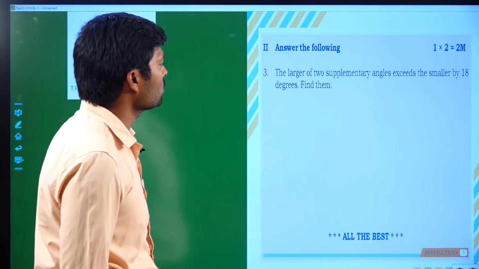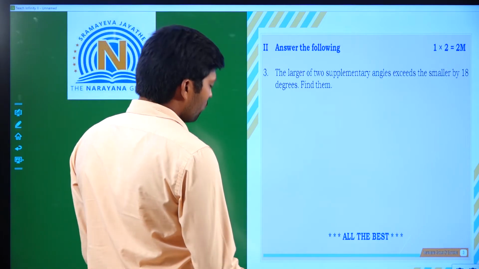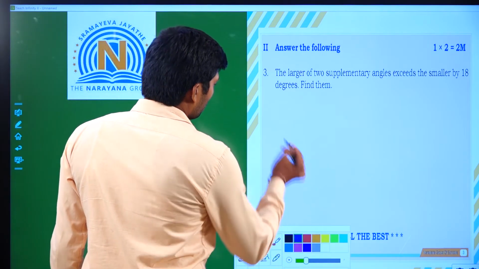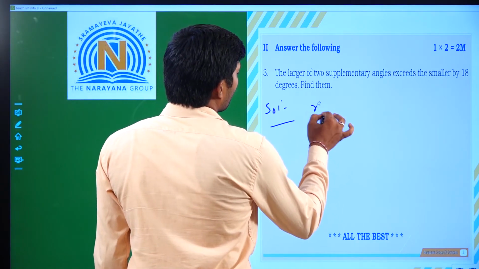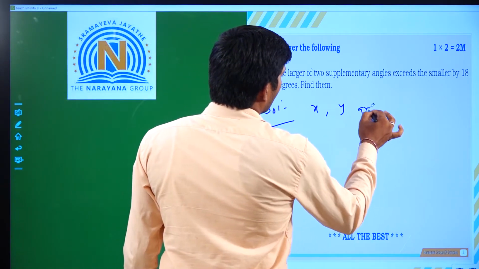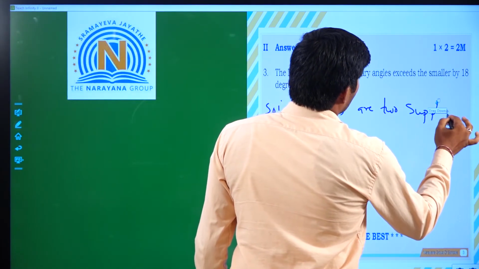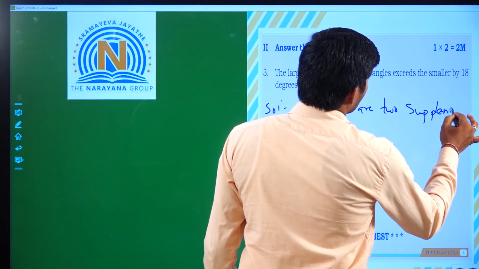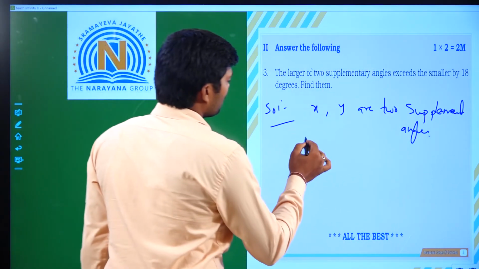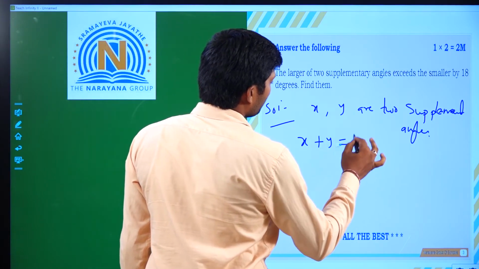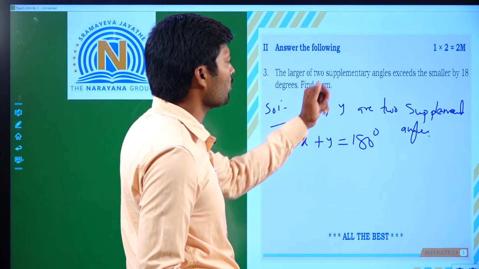The larger of two supplementary angles exceeds the smaller by 18 degrees. Find them. So what are supplementary angles? Let x comma y be two supplementary angles, so that the sum of those two angles must be 180 degrees.